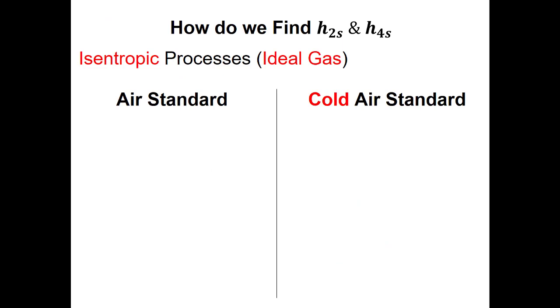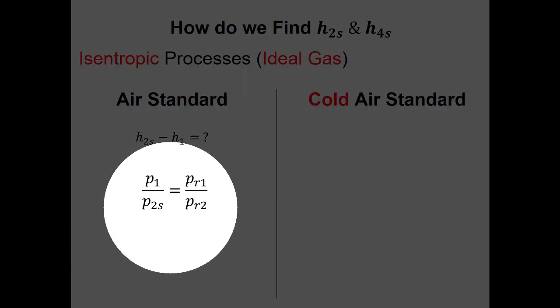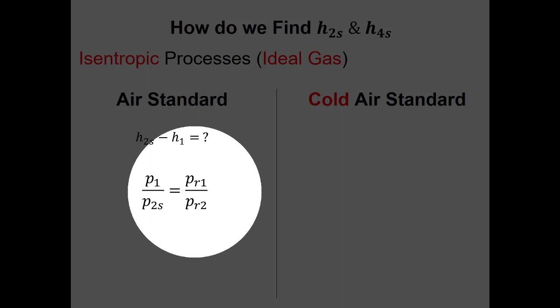So we have to remember how to find H or delta H for ideal gases. If it's an air standard or variable specific heat problem, we'll actually find the individual specific enthalpies. If we have an isentropic process, we'll look for an equation where we can use isentropic processes for ideal gases with PR or VR in the equation.